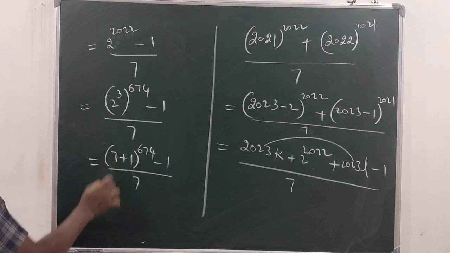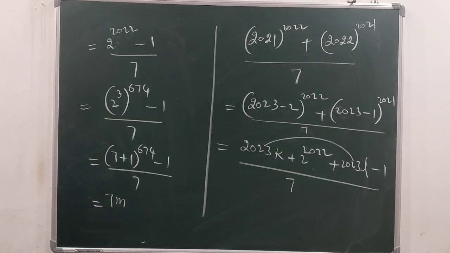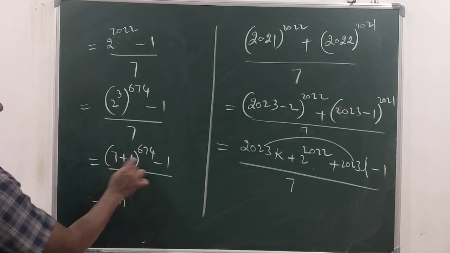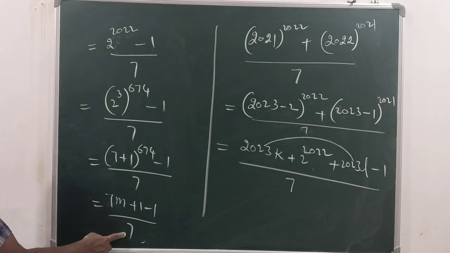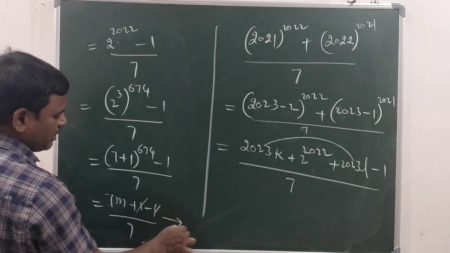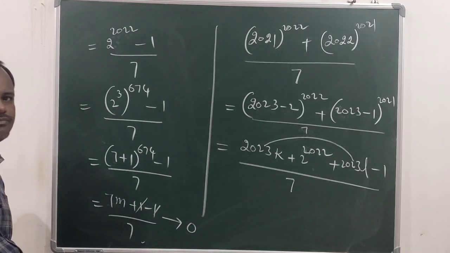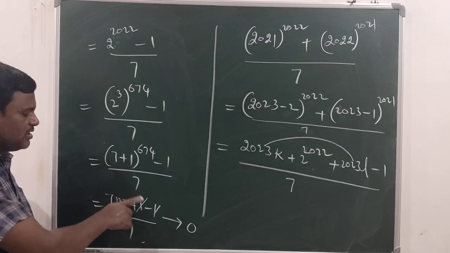In the next step it is written as 7m plus 1 minus 1, by 7. This is exactly divisible by 7, and the plus 1 and minus 1 cancel. Then your remainder would be 0. Okay students, so nothing is left now.